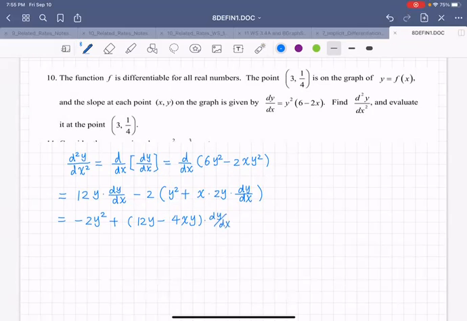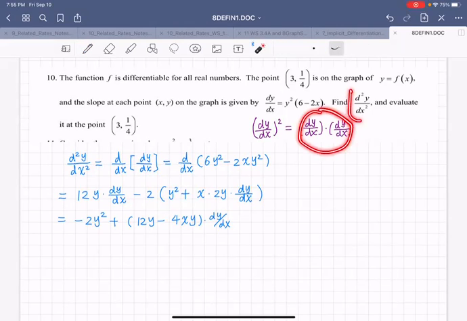Students, you can do it this way or that way, that's fine, but your square position has to be in the correct spot. As I explained before, dy over dx squared is your first derivative times itself.